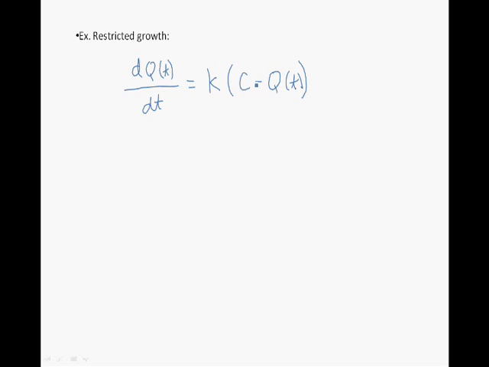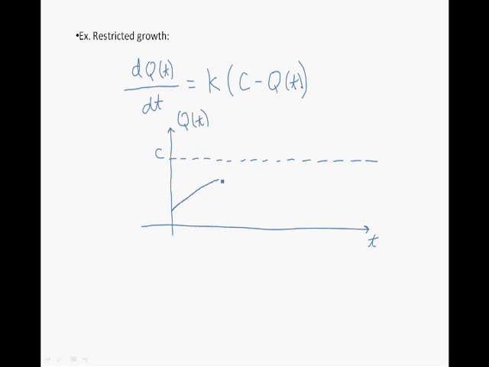This constant c is called the carrying capacity, and the graph for restricted growth looks like this. So c is the carrying capacity, here it is. And the population grows and approaches the carrying capacity as t approaches infinity.